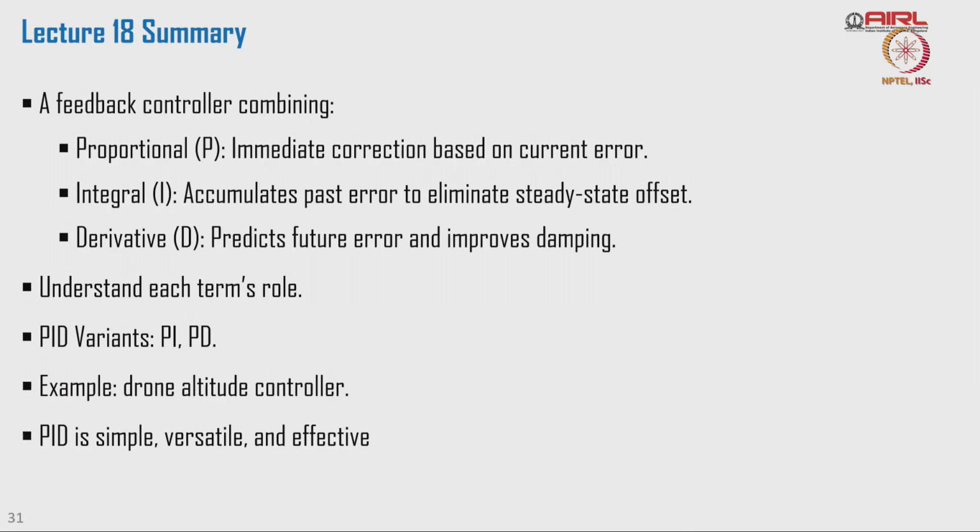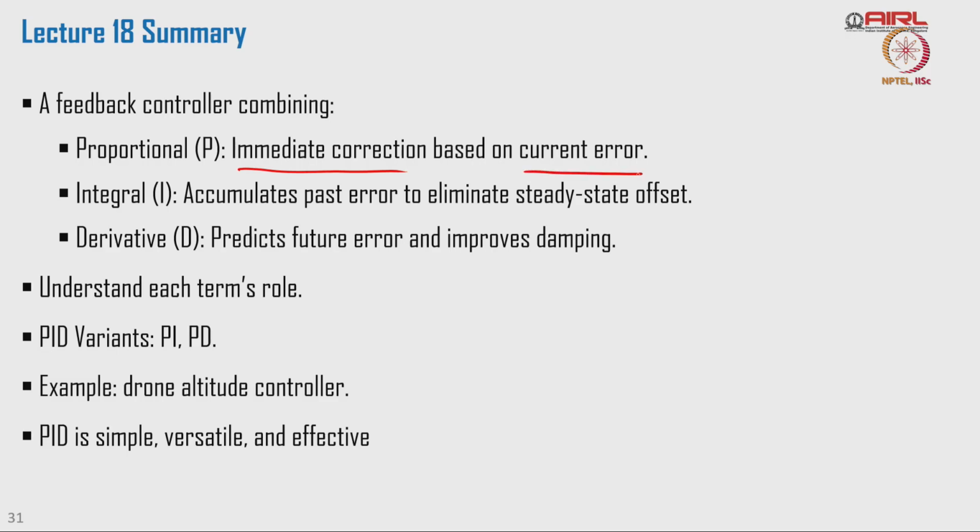Okay. Fine. So, I would summarize the lecture here at this point. What we are seeing here is a feedback controller, which is popularly known as PID controller, and it has three components: proportional, integral and derivative. Proportional control works on immediate correction based on the current error.